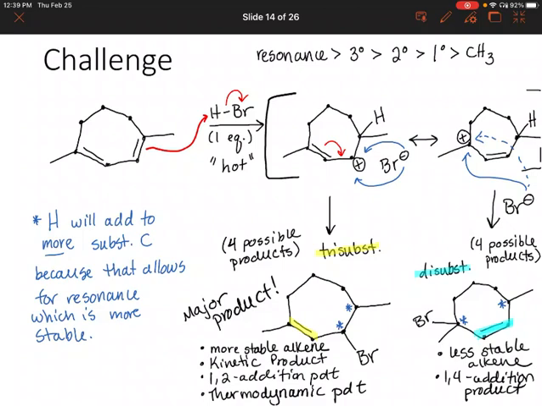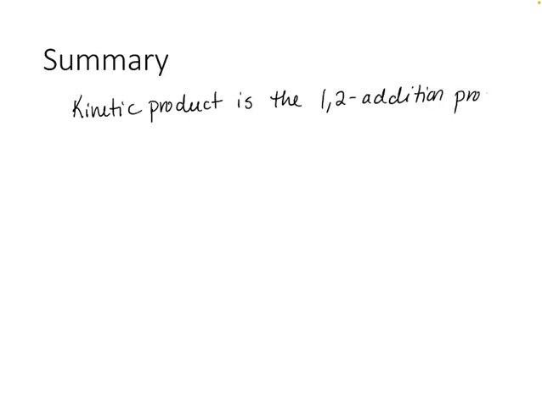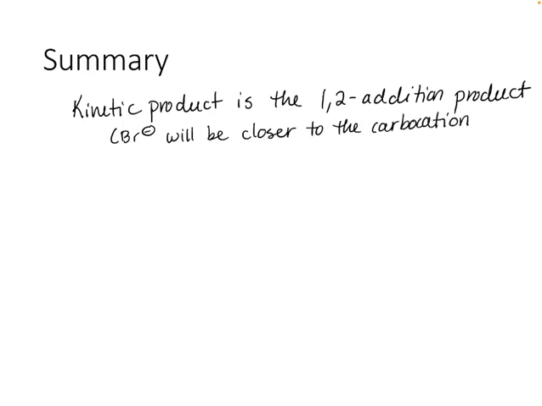Okay, so let's just summarize everything we've learned in this video. So we said that the kinetic product is the 1,2 addition product. And that's because the bromide ion will be closer to the carbocation. So the reaction happens quickly.